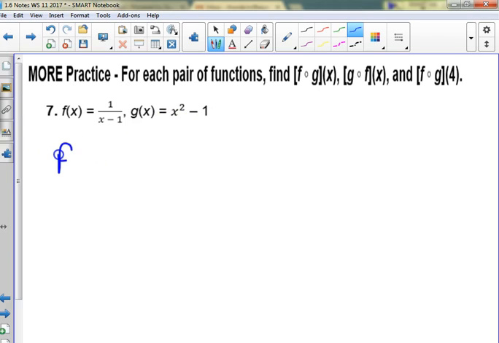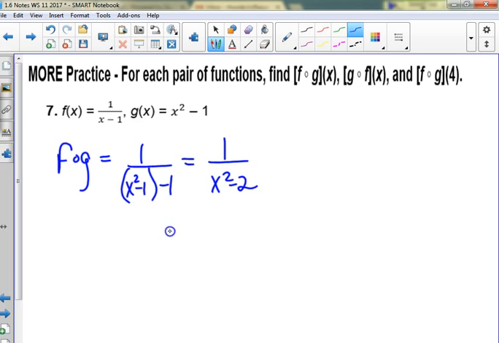So the first one says do what? G into f. So it will be 1 over x squared minus 1 minus 1. What will that become? X squared minus 2.